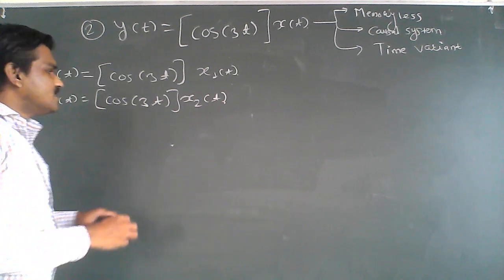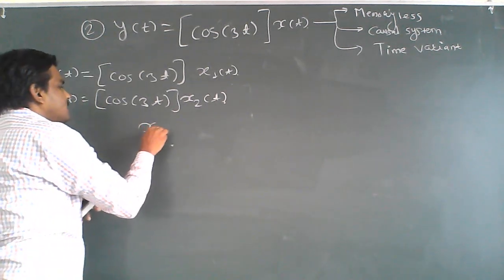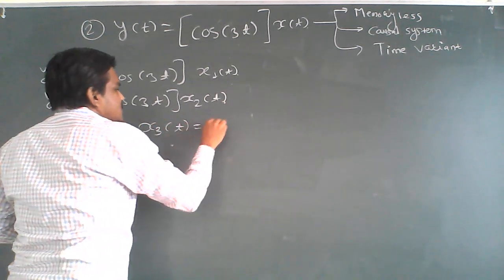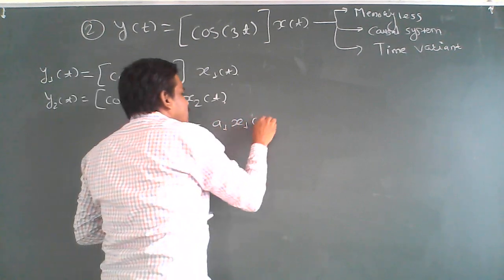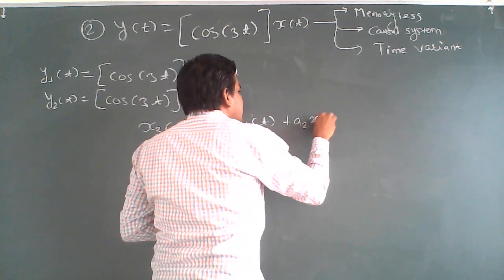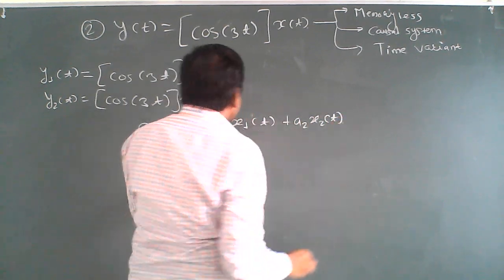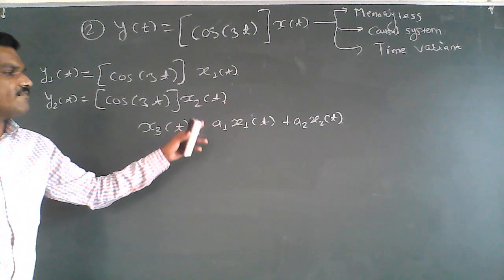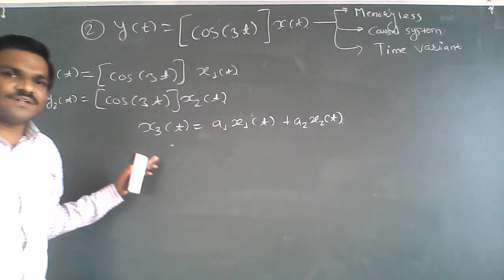Now let us consider the third input, x3 of t, which is nothing but a linear combination of x1 of t and x2 of t. So x3 of t is a1 x1 of t plus a2 x2 of t, where a1 and a2 are arbitrary constants.